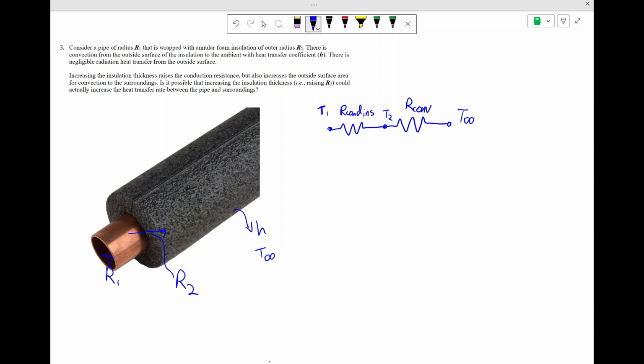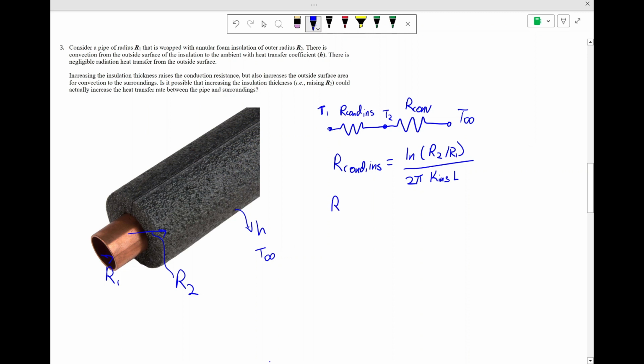So let's set this up here. Our individual terms are R conduction for the insulation, which we can write as the natural log of R2 over R1 divided by 2 pi times K of the insulation times L. This is just me remembering a formula that we worked out in class earlier in the semester.